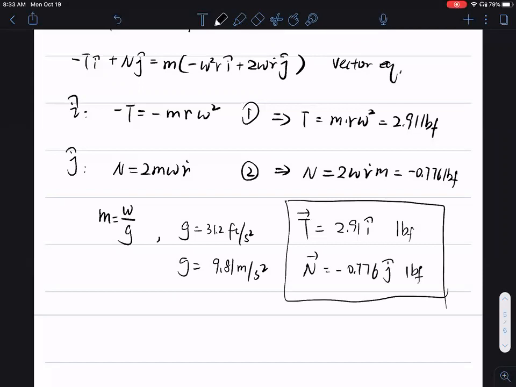I have a question here. How to deal with that negative sign? We end up with normal force is negative.